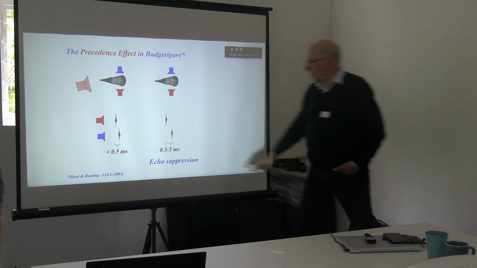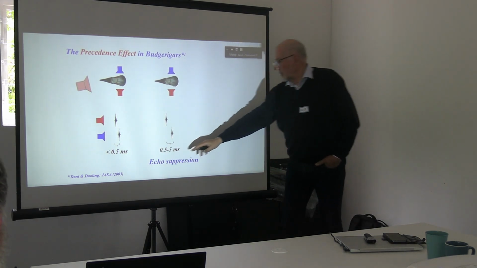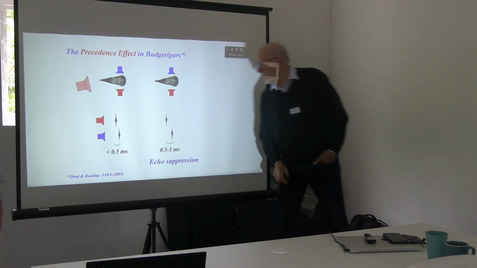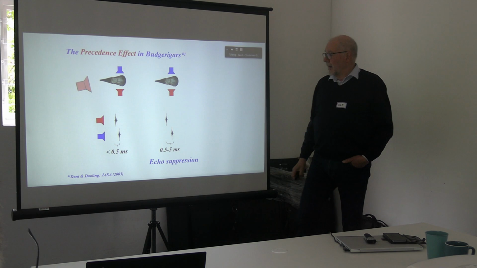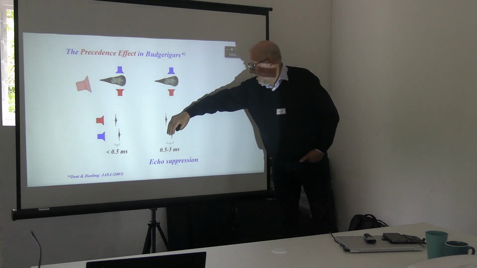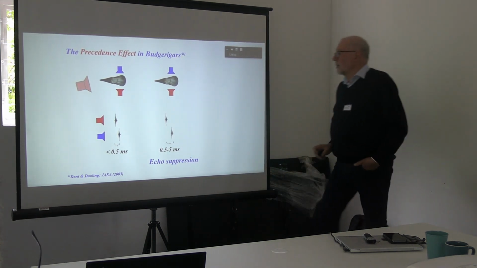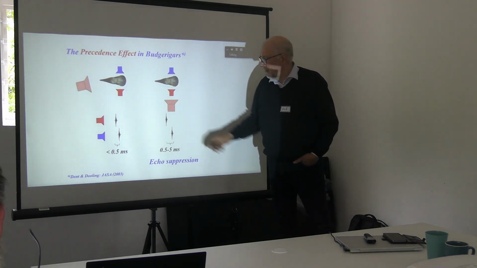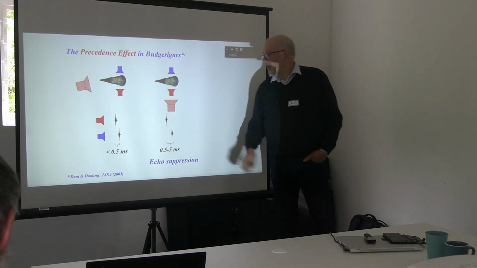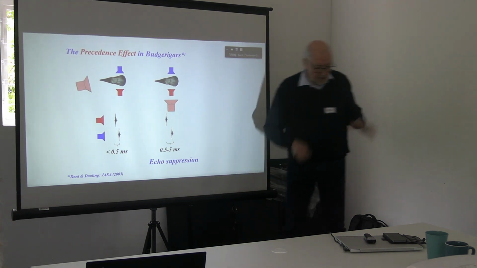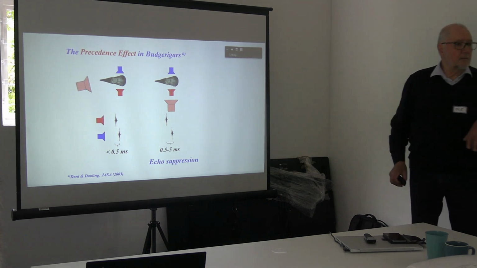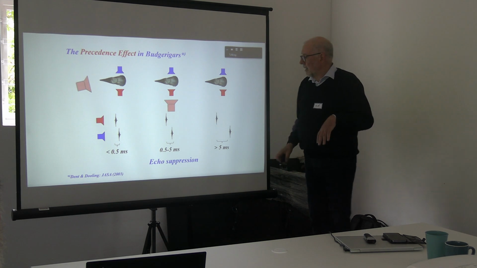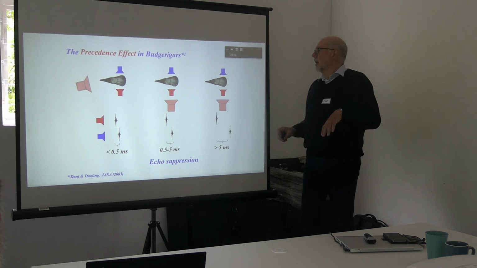Now, if the interval between the two is between 0.5 and 5 milliseconds, then they'll suppress the second one. In this situation, they'll say the sound came from the left because this was where it was first. So this echo suppression is something that goes on in the central nervous system. Whereas if we come to more than 5 milliseconds, then they'll hear first one sound and then another sound.